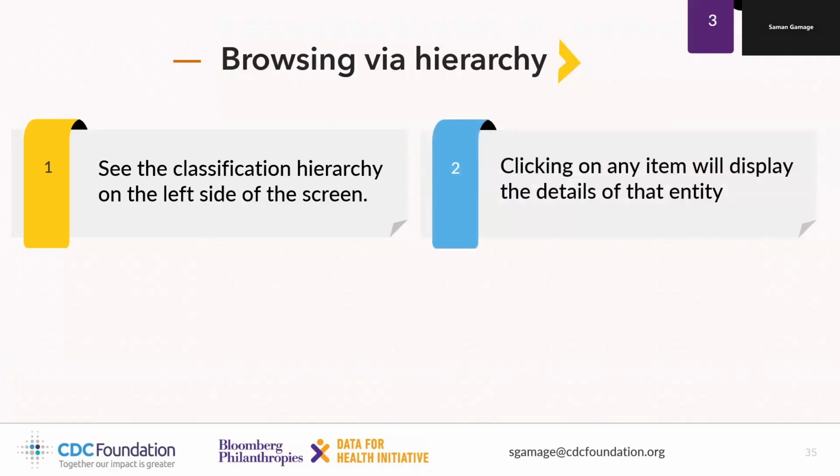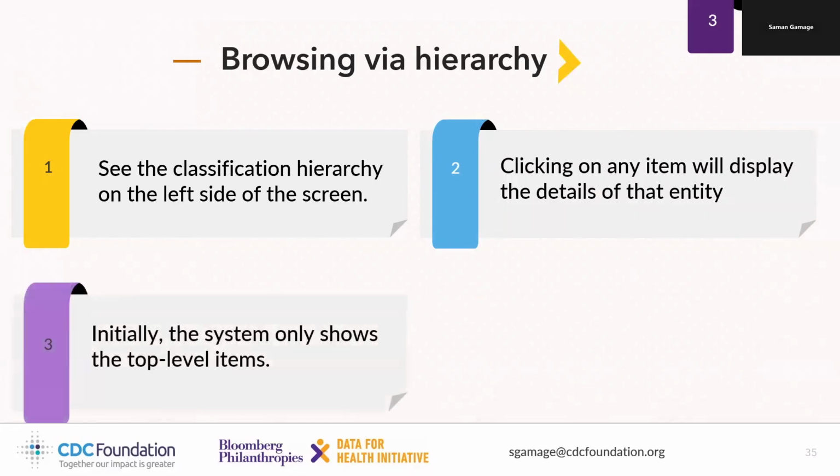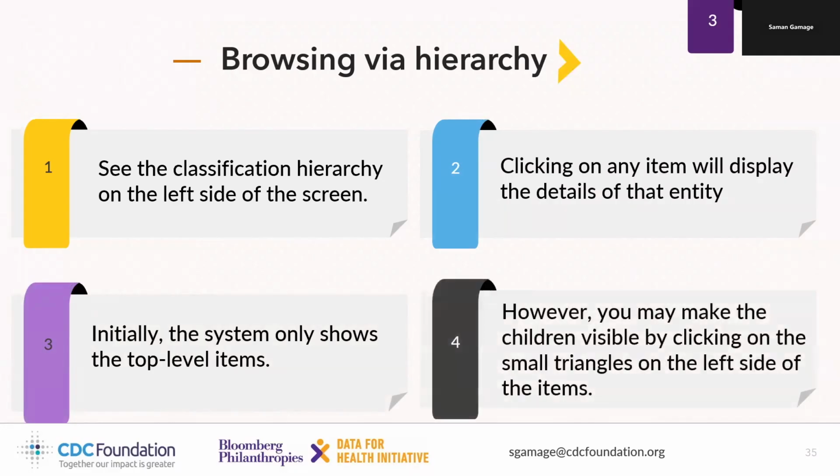Clicking on any item will display the details of that entity. Initially, the system only shows the top level items. However, you may make the children visible by clicking on the small triangles on the left side of the items.